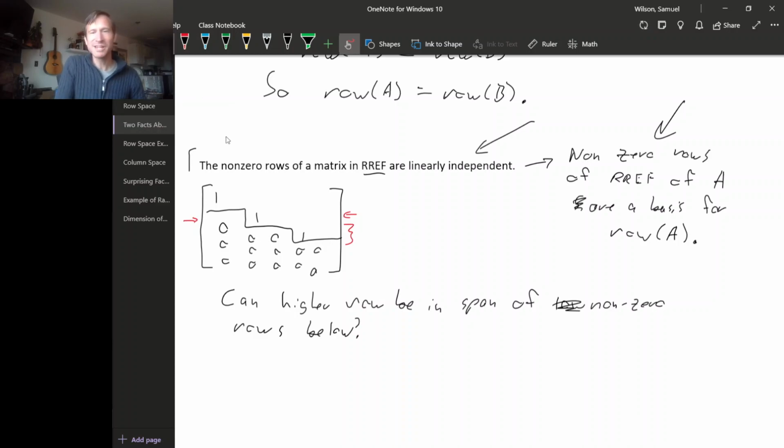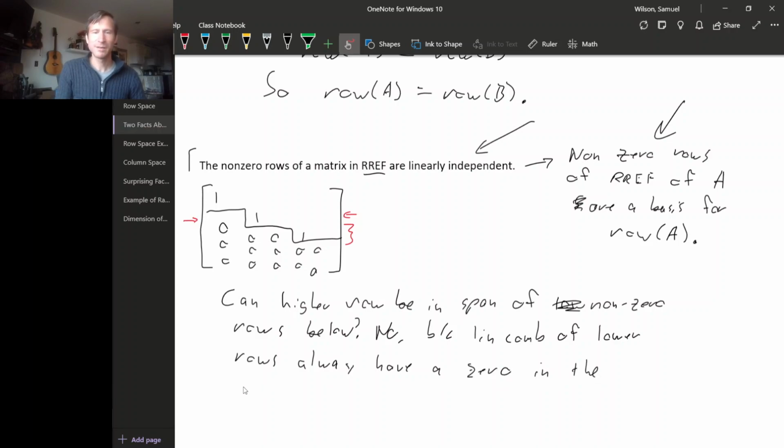Well, the answer is clearly no, because linear combinations of lower rows always have a 0 in the pivot position for this row.